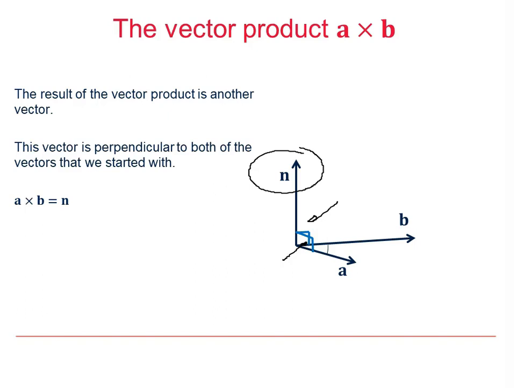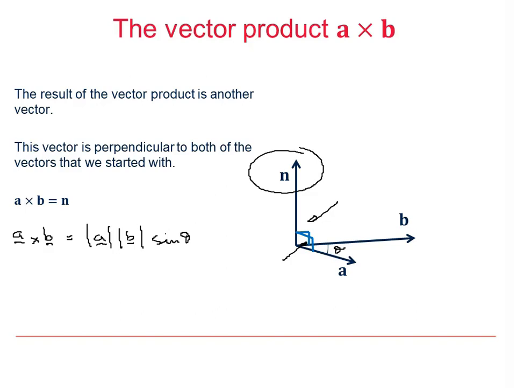Now, an alternative form of this is to say that a cross b is equal to mod a, mod b, and then the sine of the angle between the vectors. So this angle here would be theta, and then we have the lengths of the vectors a and b multiplied by the sine of the angle theta.